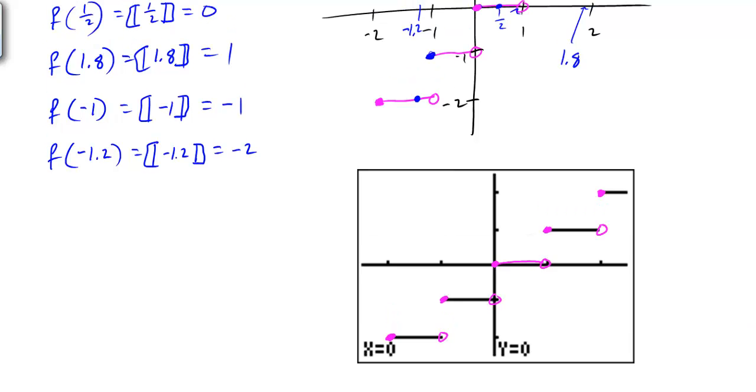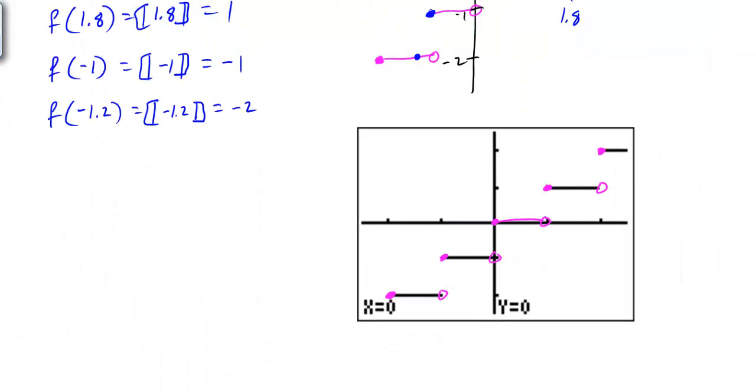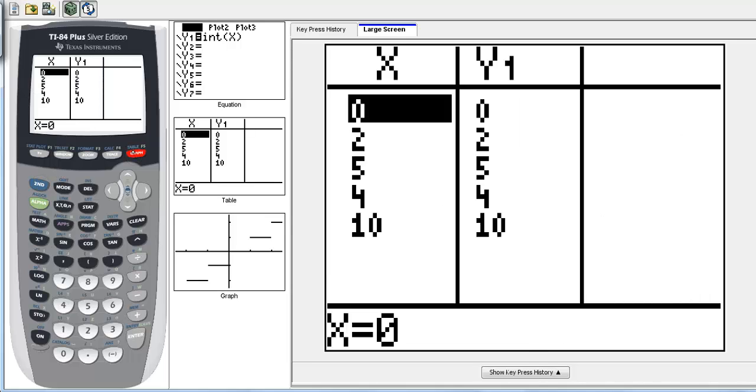Because here, if we want to evaluate this on the calculator, for example, we'll pick an example I did here, like 1.8, we know that should be equal to 1. So here we could simply go to second graph, which is the table. And if you notice here, I already have these numbers entered, 0, 2, 5, 4, 10. Well, all of these are integers, so because they're integers, the function is going to be the exact same number.